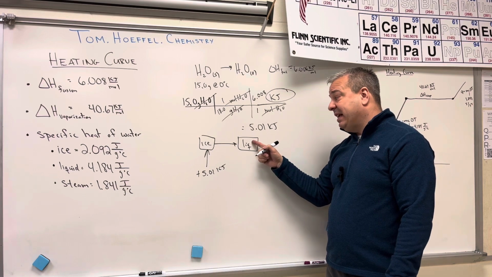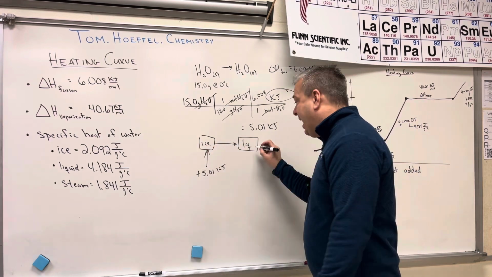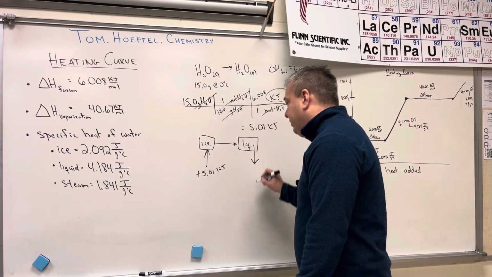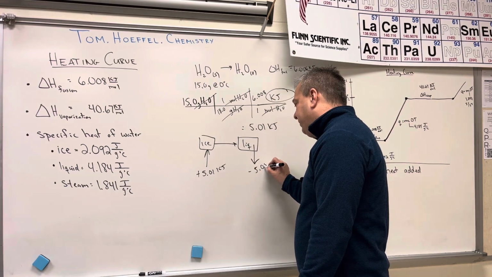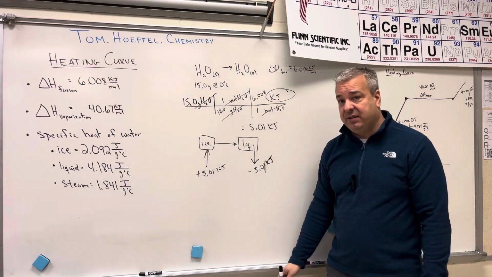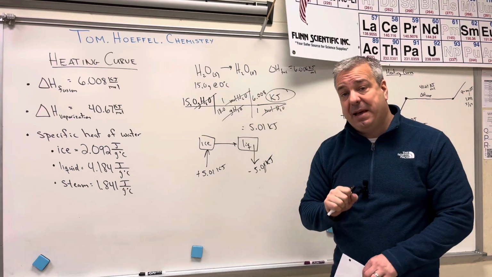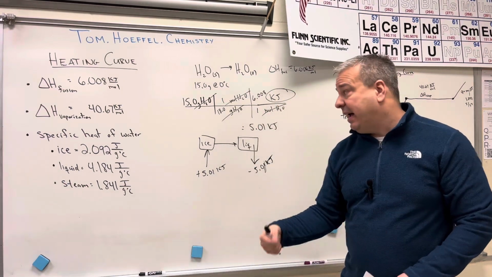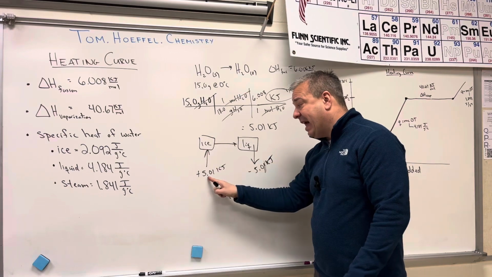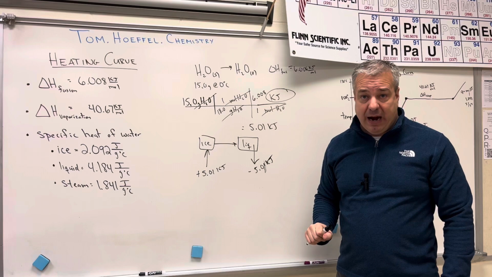Now, if I want to take that liquid water and turn it to ice, I would have to remove, so that would be a negative 5.01 kilojoules of energy. Because when it comes to enthalpy, the reverse reaction is equal in magnitude, but opposite in sign. So if I'm melting, I got to add. If I'm freezing, I would have to subtract.